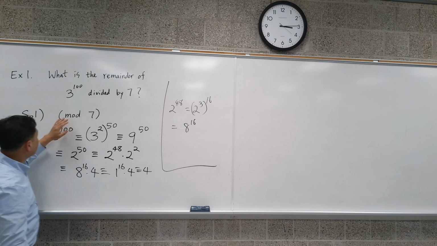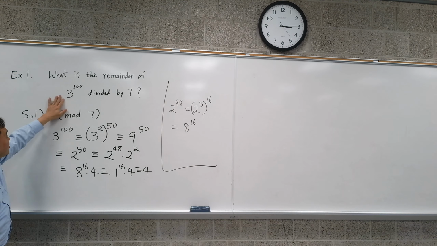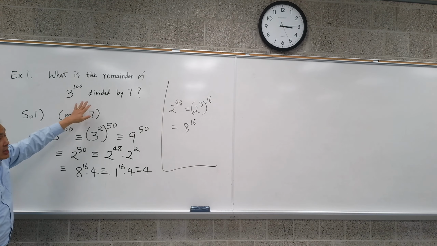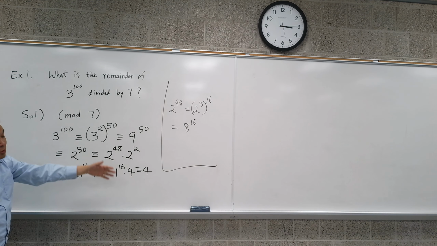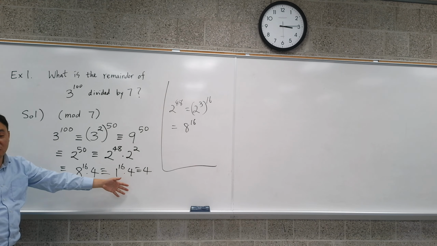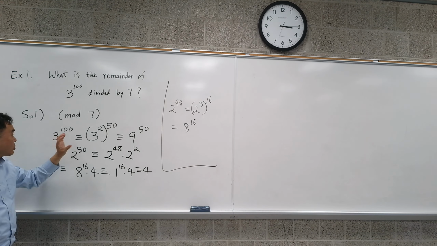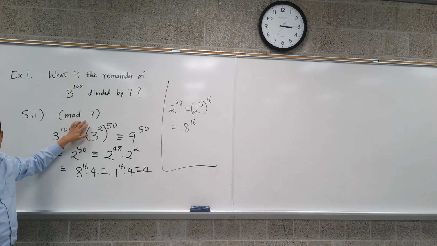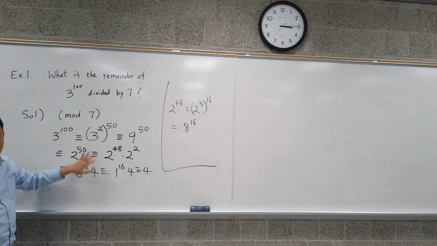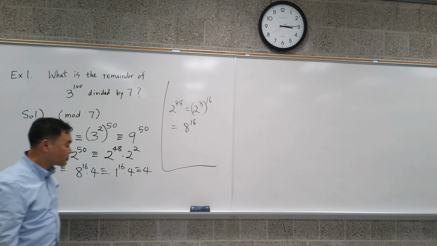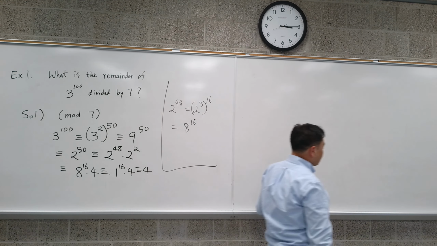So if the question was changed to 17 to the 100th power divided by 7, you get the same answer, number 4, because 17 and 3 are congruent under mod 7. That's what's going on.